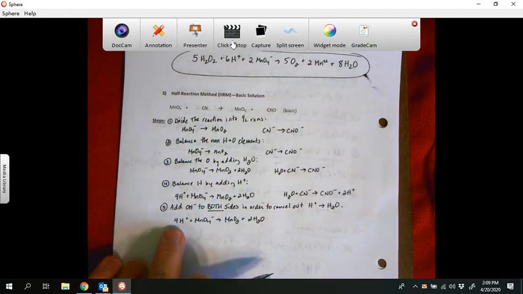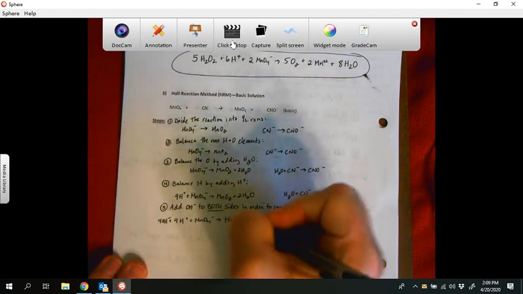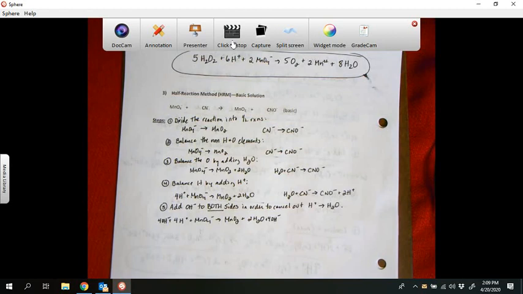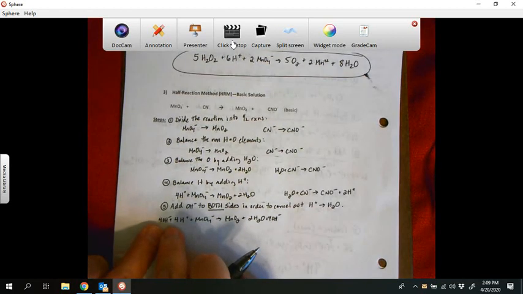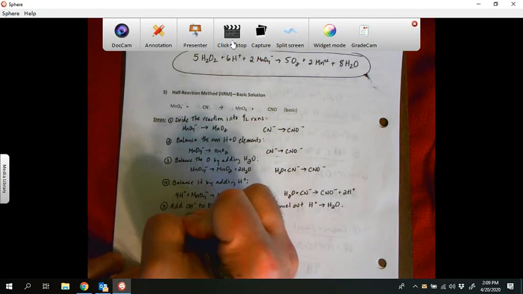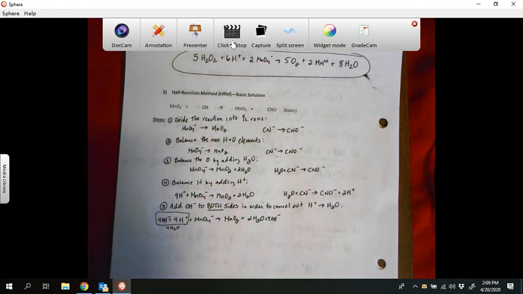So, here we have this half reaction. I had 4 H pluses, so I'm going to add 4 OH minuses to both sides. OH and H plus added together make water, so that's going to make water when we are going through this. So this right here is 4 H2Os.